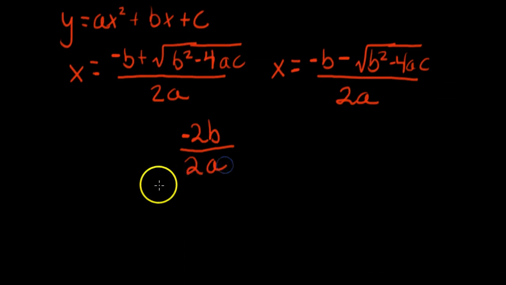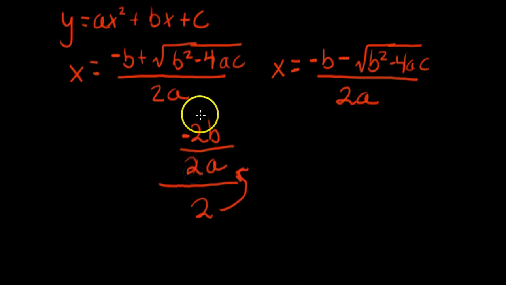But then we're going to divide that by 2, so the 2's cancel. So the vertex is given by the formula: h, the x-coordinate of the vertex, equals negative b over 2a.